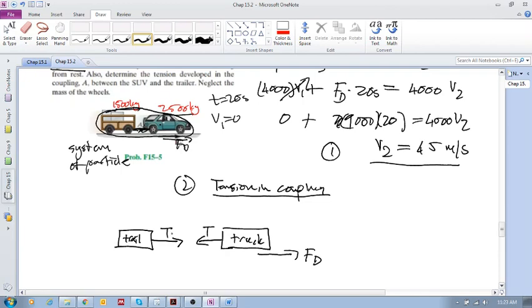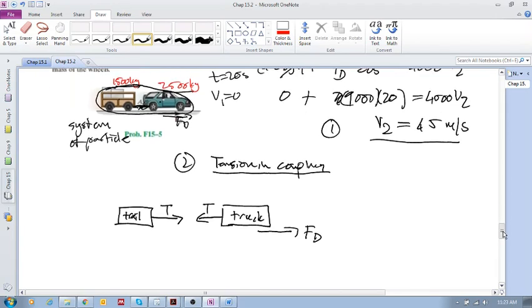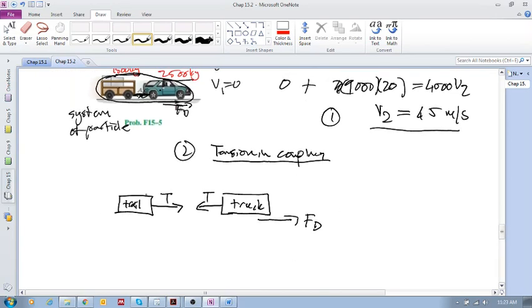Okay? So which one would you choose in order to determine this tension? The answer is both of them would work, but I would choose this one because I've got one less force to worry about. So let's choose this trailer and let's apply the principle of impulse and momentum to just the trailer.